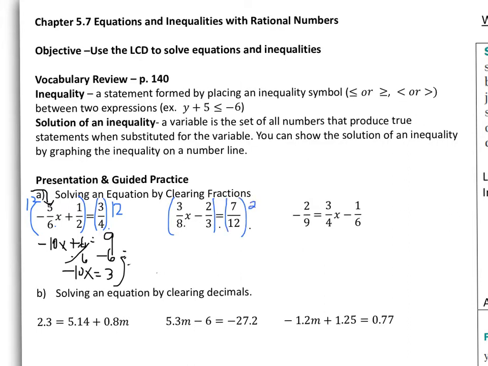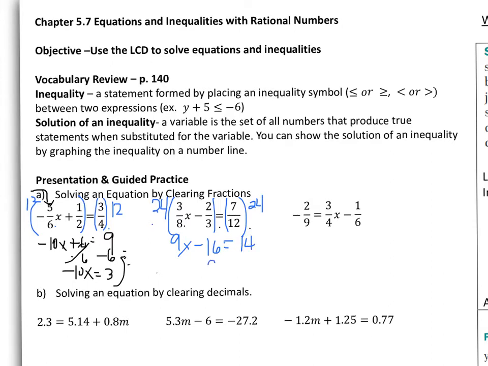So we will multiply both sides of the equation by 24. 24 times 3/8 x is 9x. 24 times negative 2/3 is negative 16. 7 over 12 times 24 is 14.